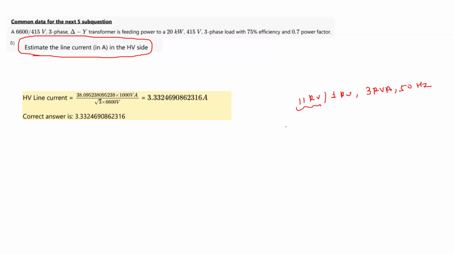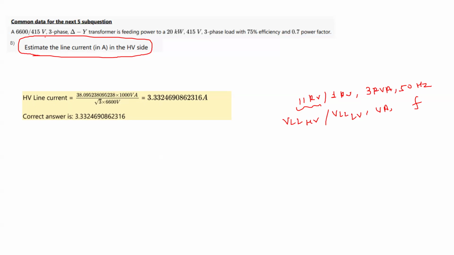So this 11 kV is V line to line high voltage by V line to line low voltage. This is the VA rating of the transformer and this is the frequency of operation. Okay, so this is how transformer ratings are given.